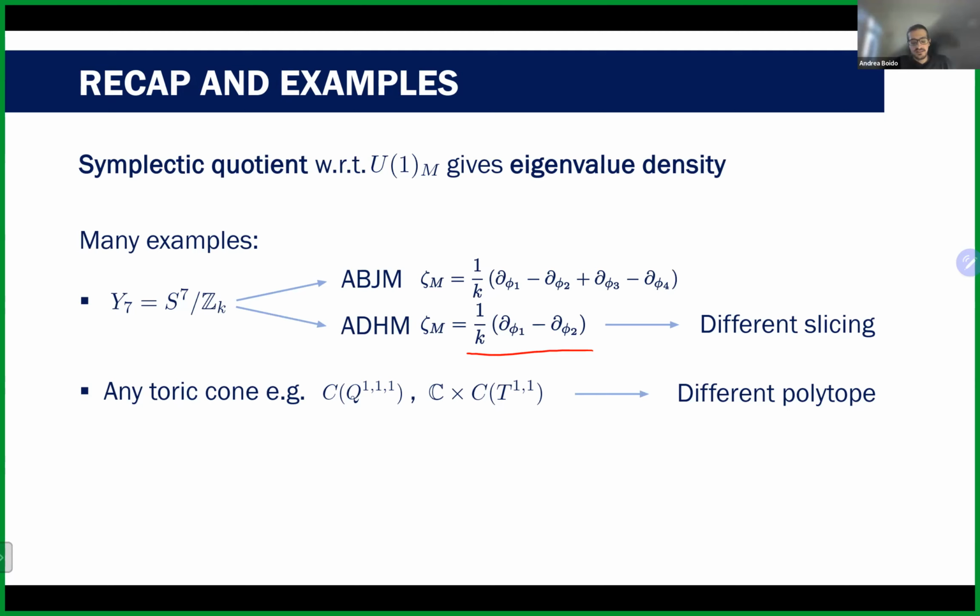This essentially amounts to changing the polytope you are considering. So rather than a tetrahedron, you will have some different polytope, but you still have the picture where you can slice it with some plane, and the volume of the geometric picture in 2D that you identify will give you the eigenvalue density.